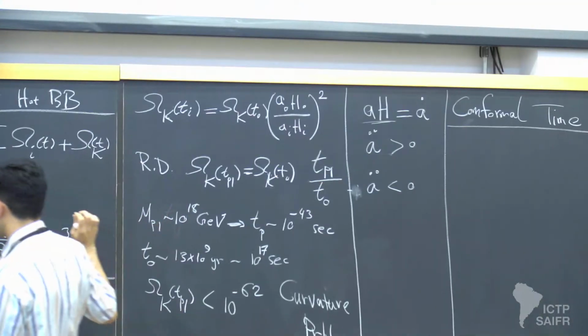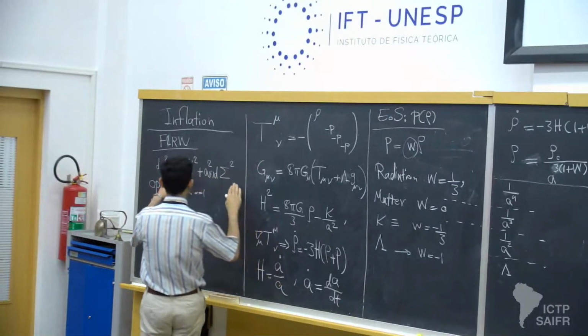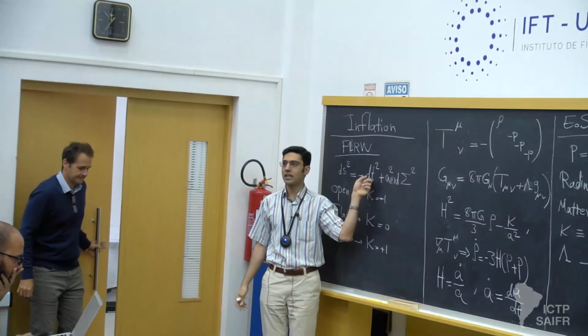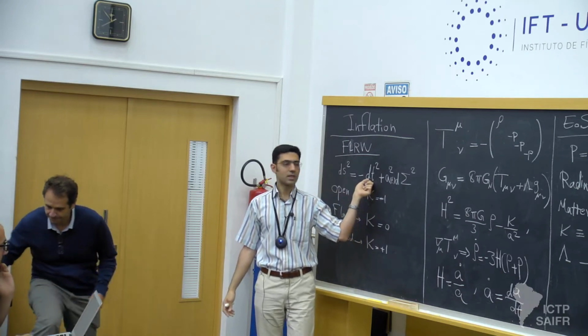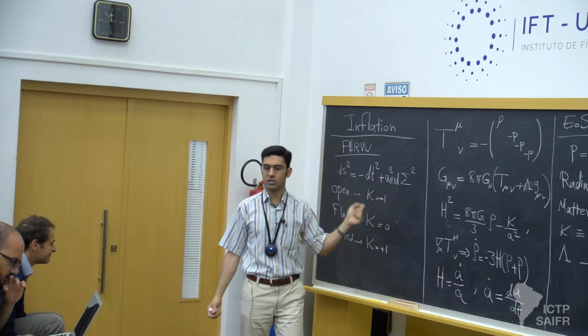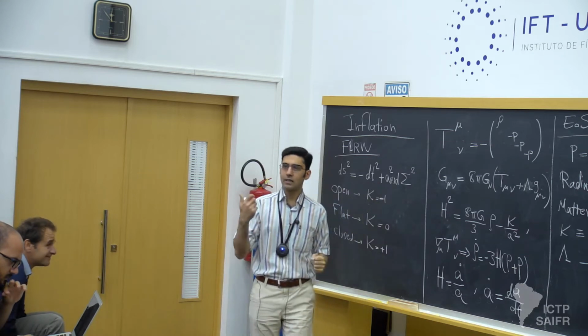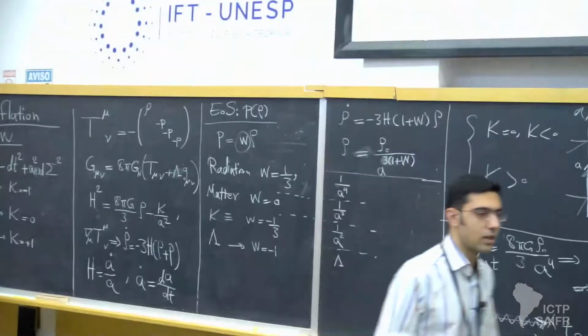So why am I going to introduce conformal time? There is this form of metric. This t that is here is a physical time. Why is it a physical time? Because here I can consider a geodesic, a co-moving observer who is just sitting there, and this t is the time that his clock is measuring. So it's a physical quantity.